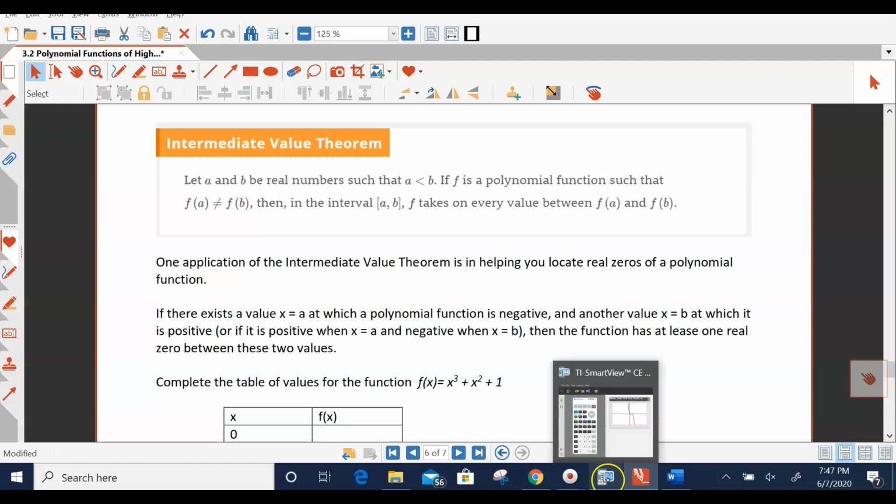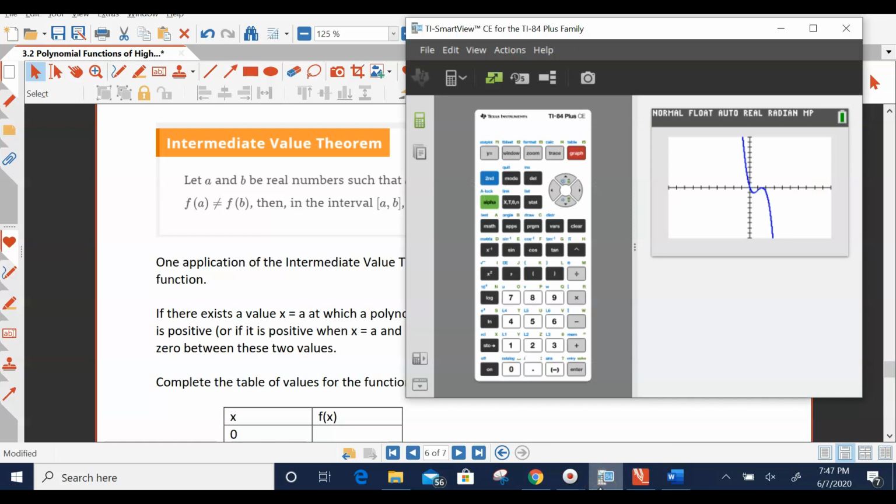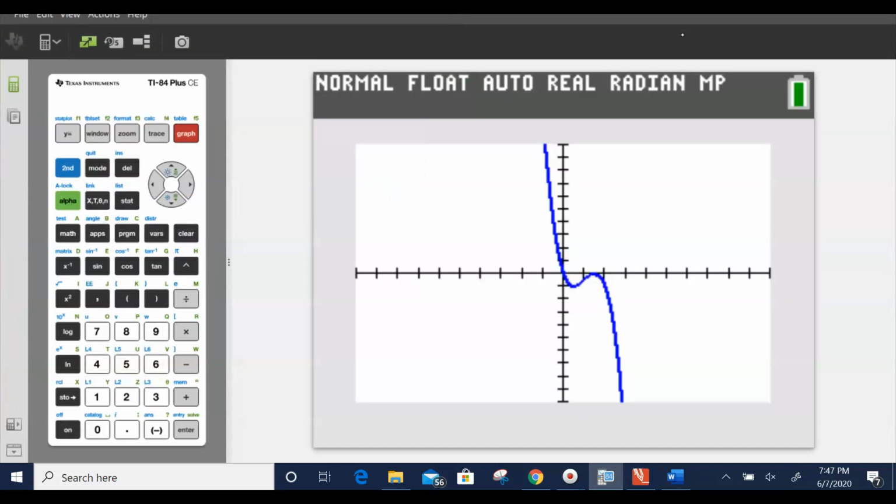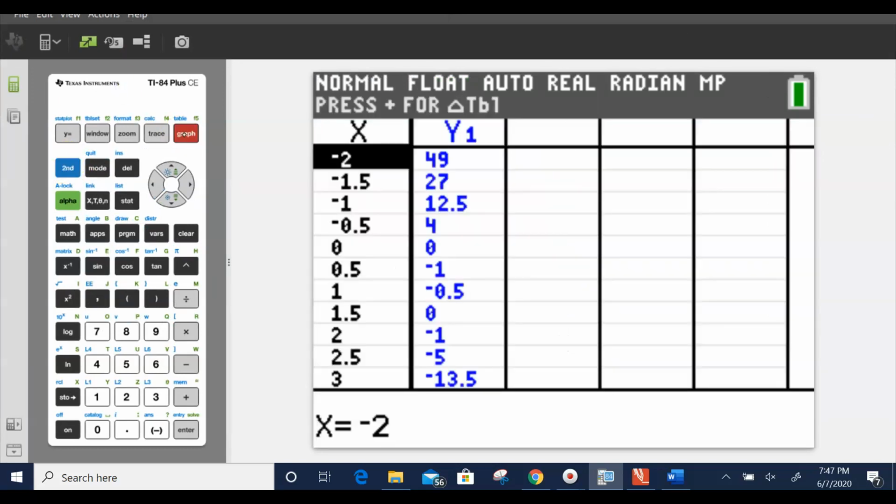Let me go to my calculator and show you what that means. Take a look at the table. Notice what happens between a 0. Notice that you see a sign change.